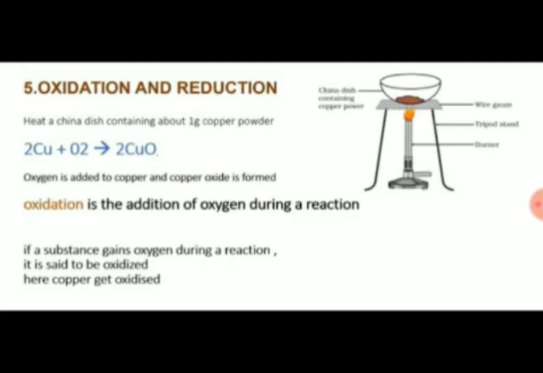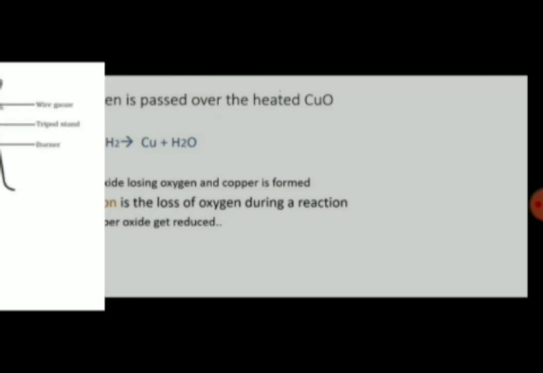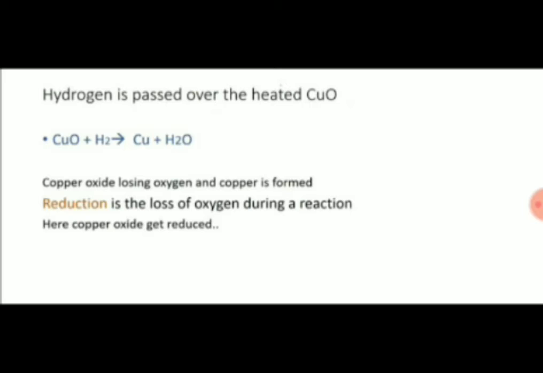Oxidation is the addition of oxygen during a reaction. Here, oxygen adds to copper. If a substance gains oxygen during a reaction, it is said to be oxidized. Here, copper gets oxidized. When we add hydrogen to copper oxide, they form copper and water.